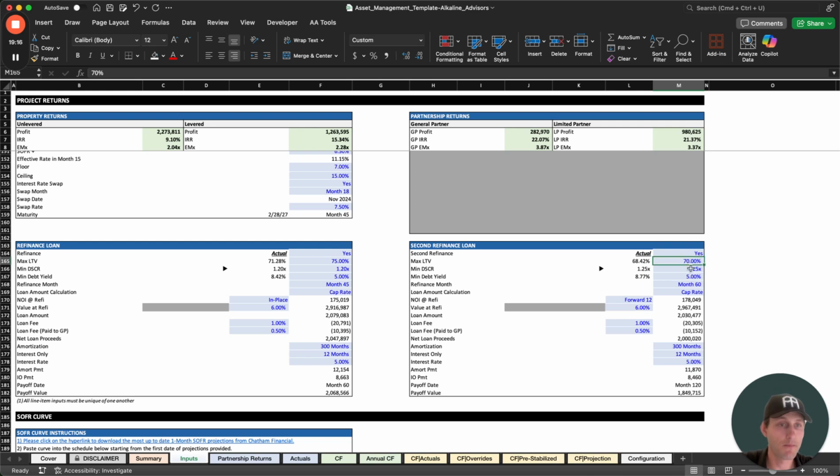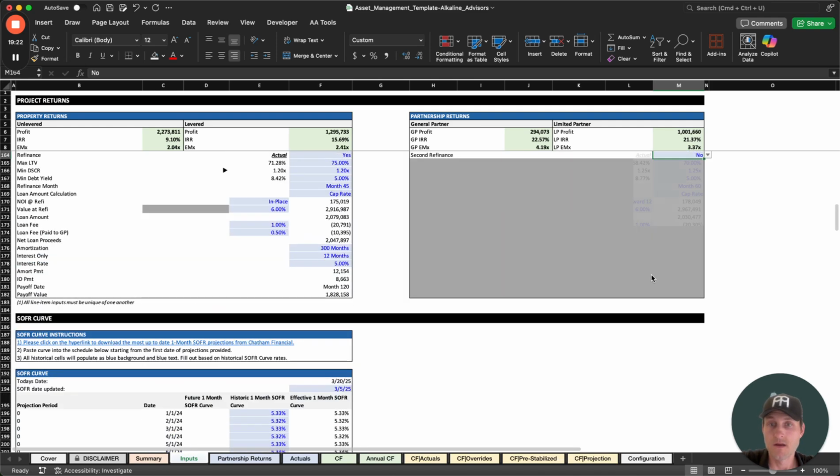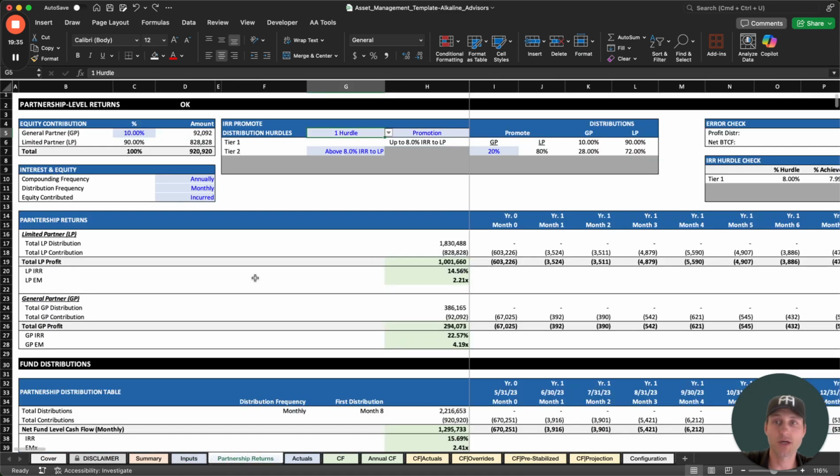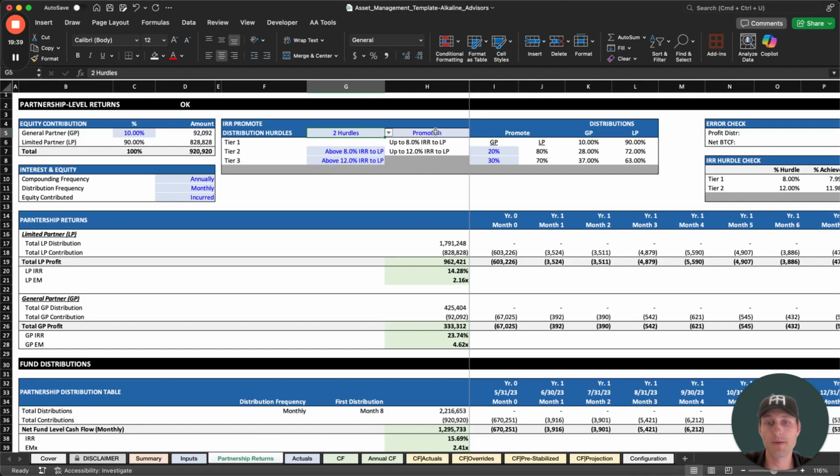We have maximum LTVs. We have minimum debt yields. And all this will size the loan accordingly. And all of this flows in automatically and then helps you understand what your projected unlevered and levered returns are and your projected GP and LP returns are. Again, the GP and LP is based off of the partnership return split where you can toggle between the hurdles between the GP and LP.